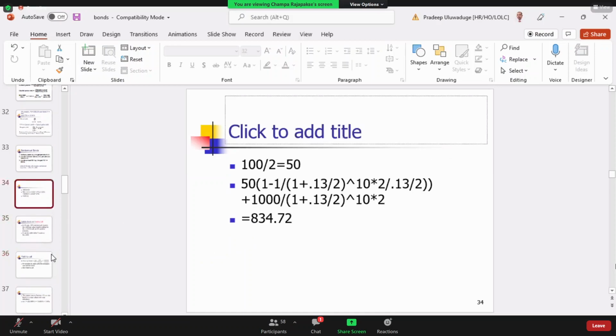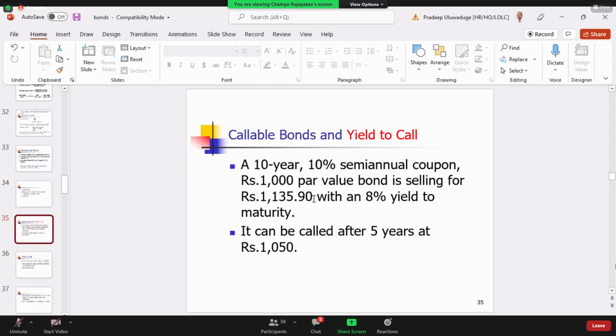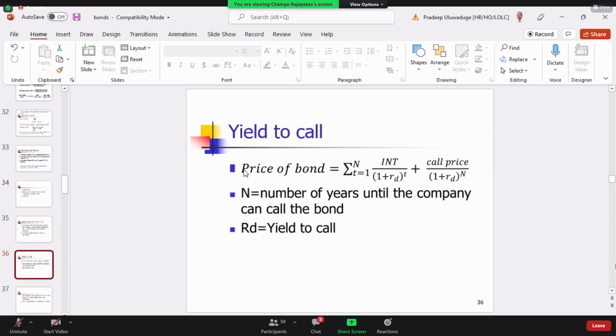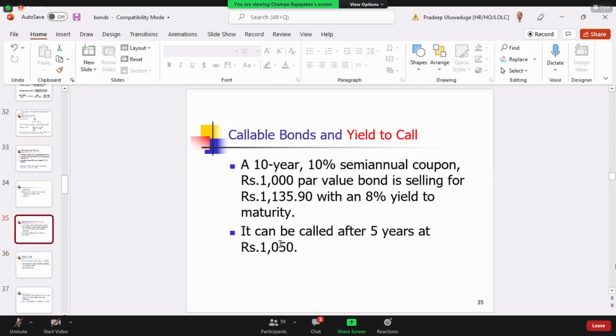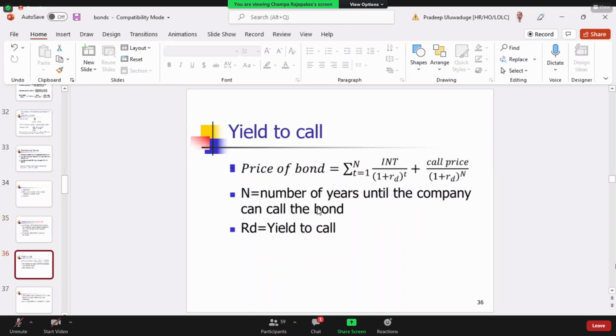Yield to maturity, we know how to calculate. Yield to call: price of bond equals the summation of the interest, where the present value of annuity formula has to be used, plus instead of face value, we will have the call price. Call price is 1,050, and you have to solve for RD, the yield to call.